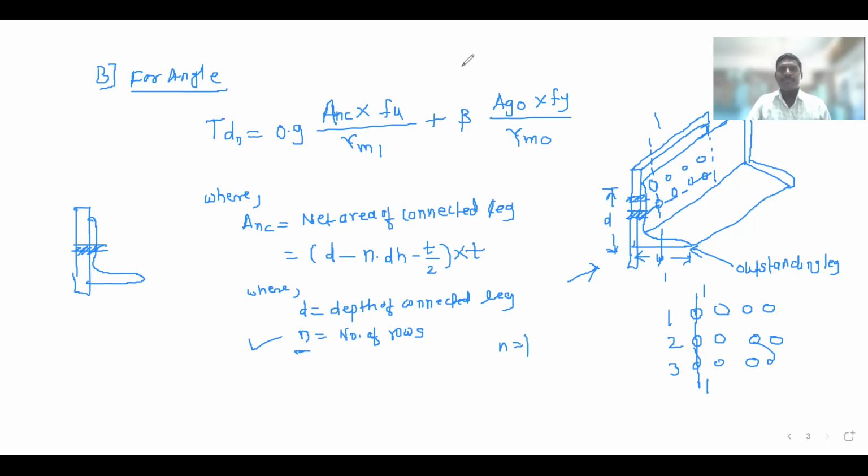If we see in this direction, then we can see this figure. This is the cross section and this is your side view.